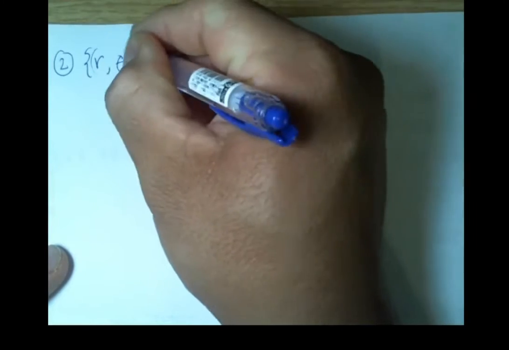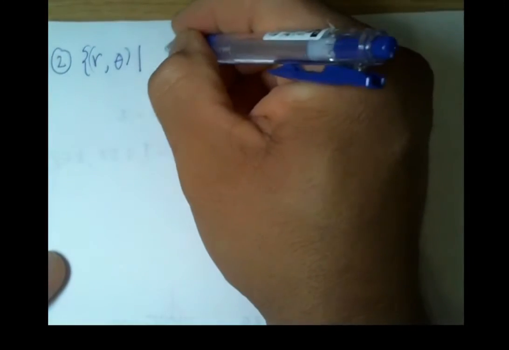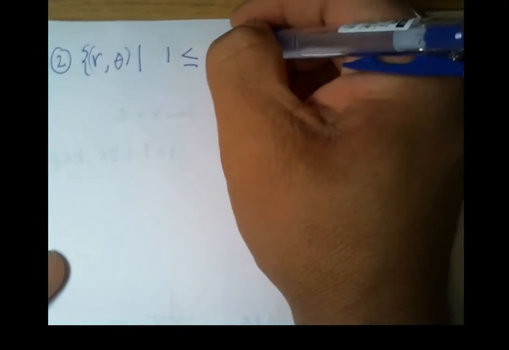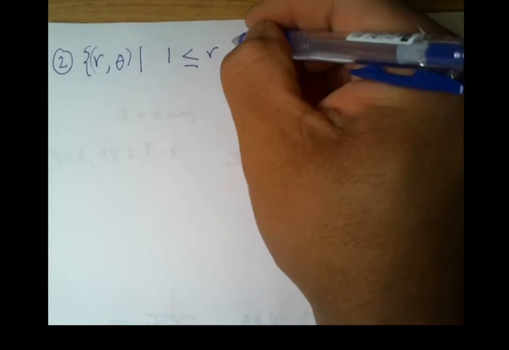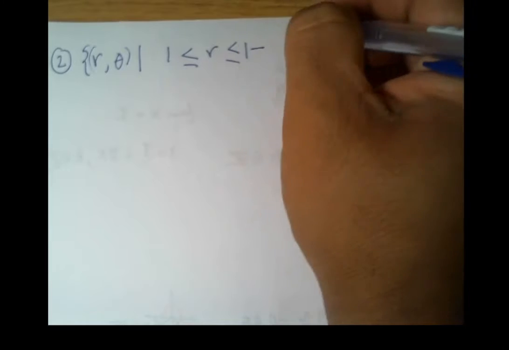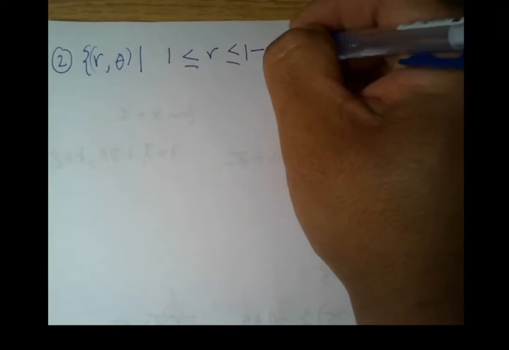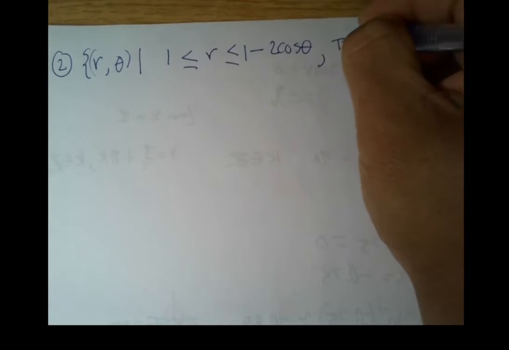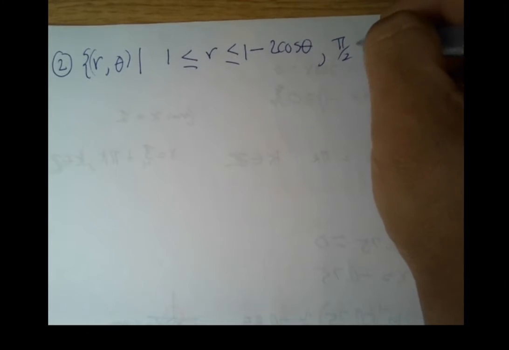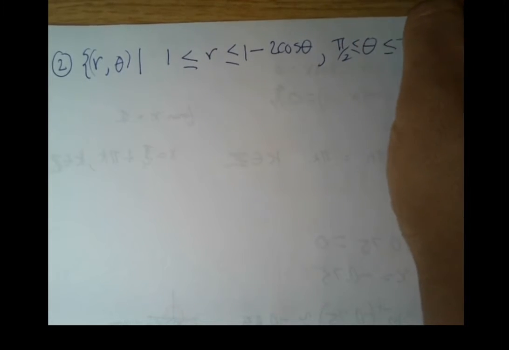So for a second example, we are given the set of (r, theta) such that 1 is less than or equal to r, which is less than or equal to 1 minus 2 cosine theta, and theta runs between pi over 2 and 3 pi over 2.